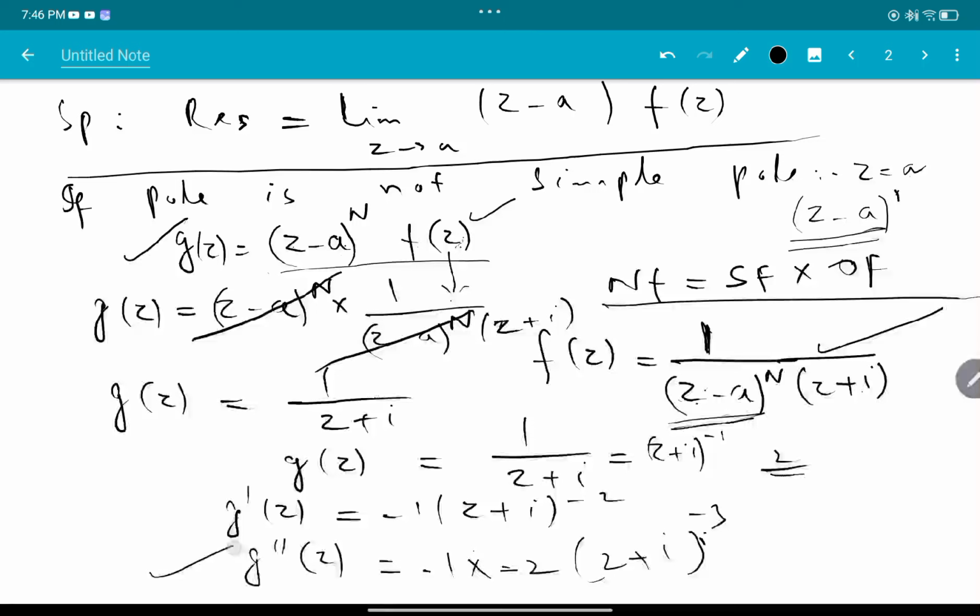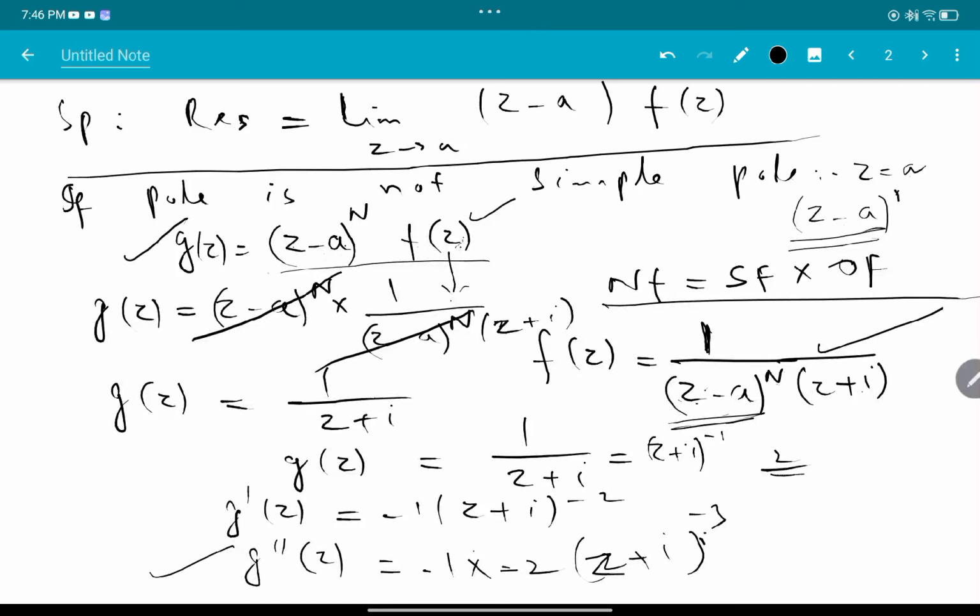You stop here. You have to do only one thing now: where is the singularity located which you are dealing with right now? It is located at z equal to a. So put z equal to a in this.